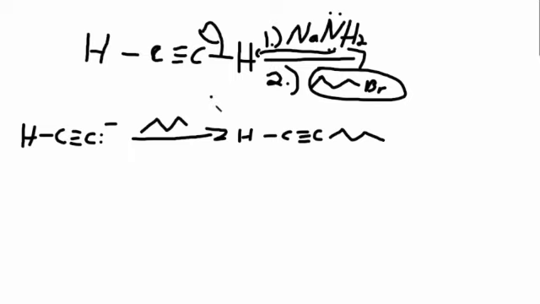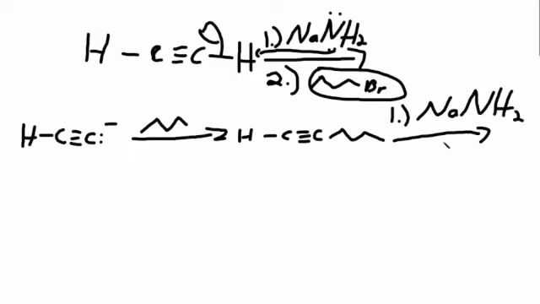But say on this next one, you want to add a different group. Let's do that. So let's use our sodium amide, not sodium azide, to deprotonate. But now I want to add a different group.